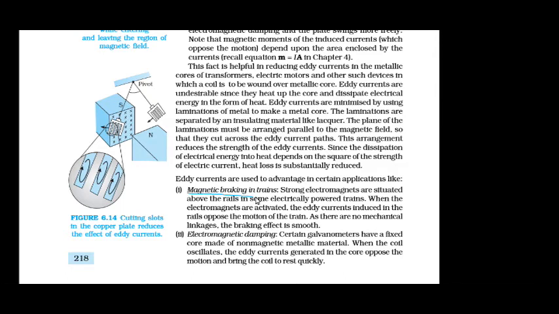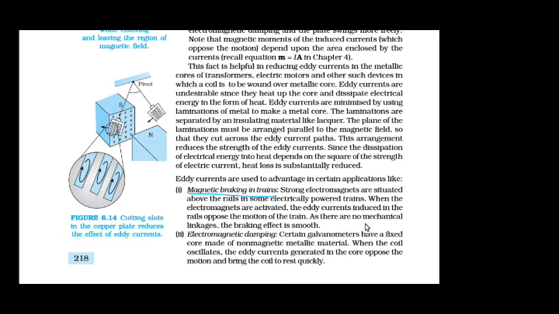First application where it is used is magnetic braking in trains. Strong electromagnets are situated above the rails in some electrically powered trains. When the electromagnets are activated, the eddy currents induced in the rail oppose the motion of the train.